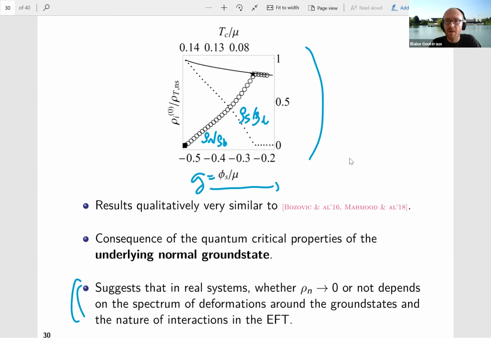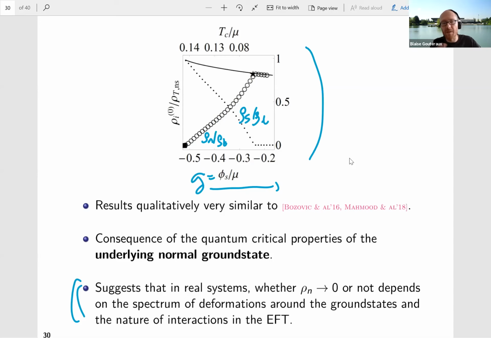I'm asking, let me take a strongly coupled superfluid where I can calculate things and ask: is there something I can do to change the dynamics at zero temperature in order to get a non-vanishing normal density, which these experiments suggest is happening also in cuprates? What needs to happen for this to be true? And what we see in this holographic system is that this happens depending on the spectrum of interactions around the ground state.